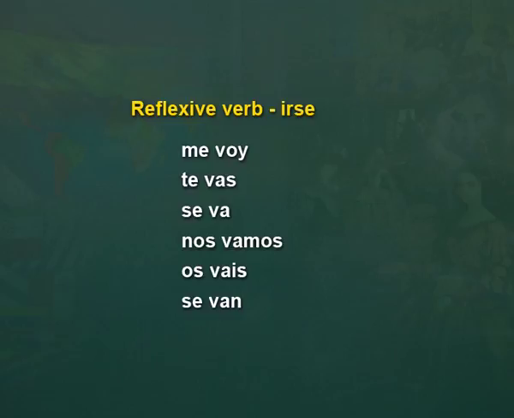And by now, you must conjugate the reflexive verbs with the pronouns. Yes. Yo me voy, tú te vas, él, ella, usted se va, nosotros nos vamos, vosotros os vais, ellos, ellas, ustedes se van.